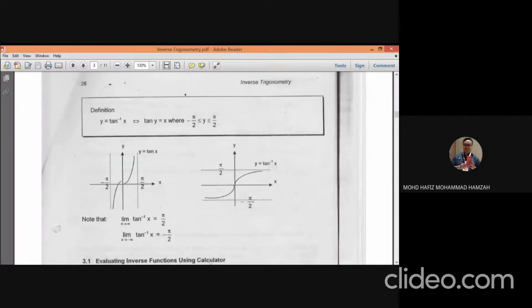It's the same for tangent. So the graph of tangent, if you find the limit for tangent as x tends to pi over 2, you will get positive infinity. If x tends to negative pi over 2, negative infinity.